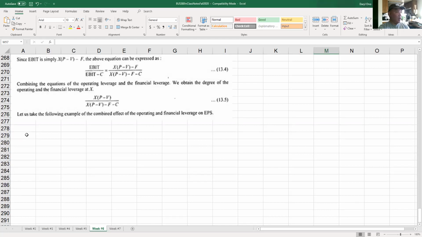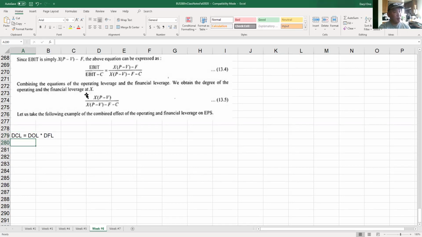Okay, let me write another formula here. Your degree of combined leverage is equal to your degree of operating leverage times the degree of financial leverage.